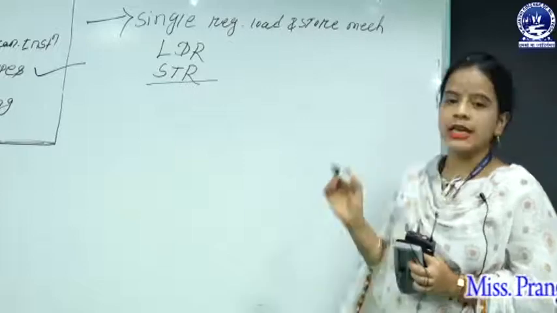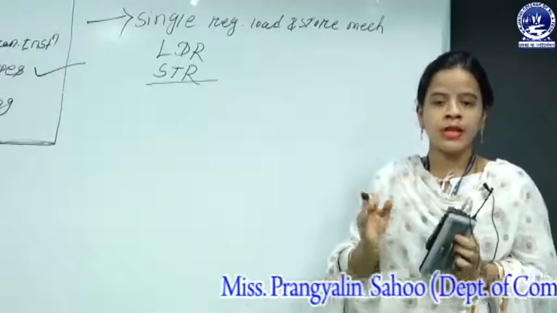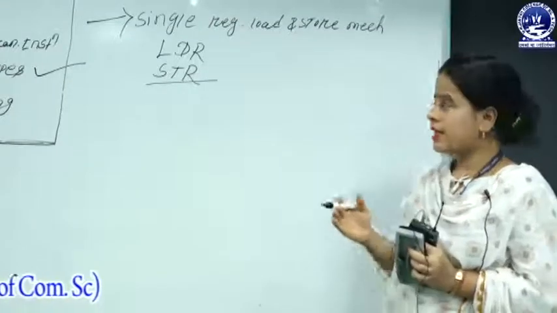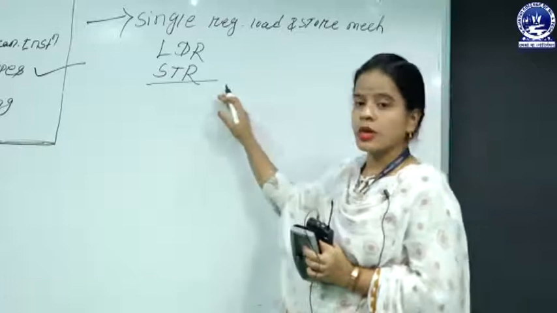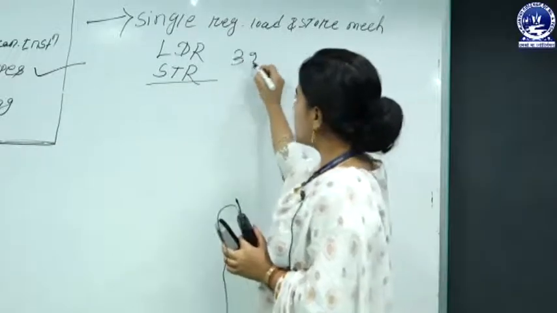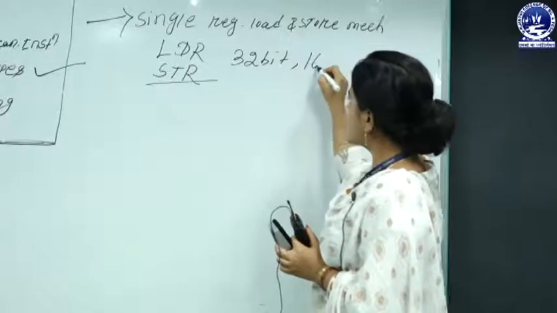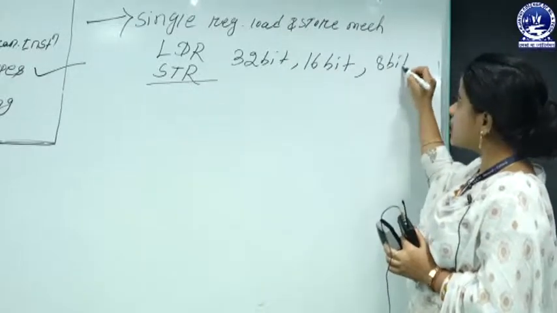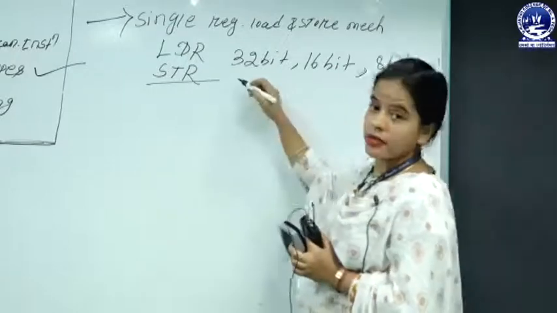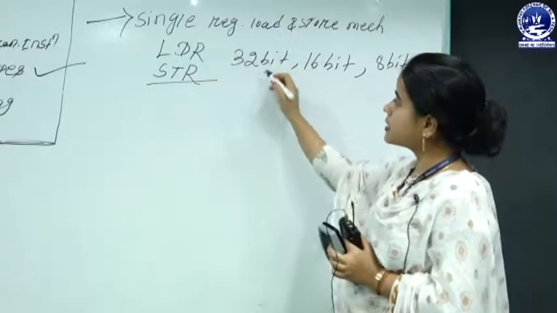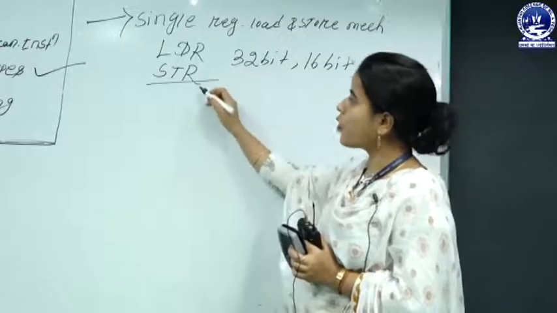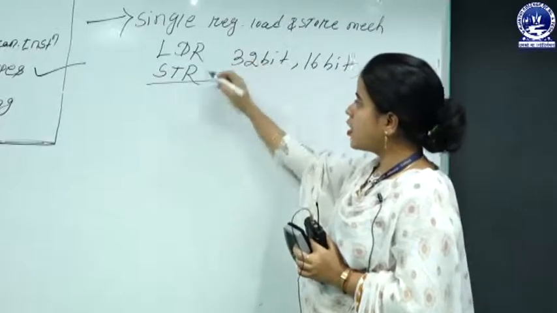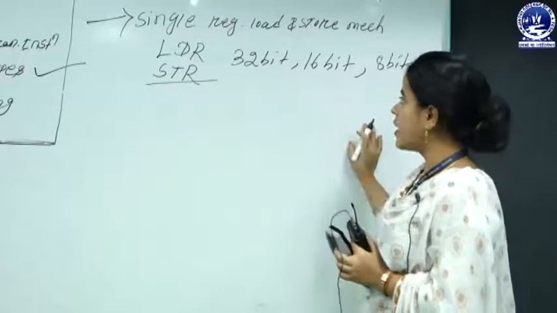But as we know, in ARM data transfer instructions, every instruction size is by default 32 bit, or word format. That means the data is also inserted in 32 bit format, or it may be 16 bit format, that's half word, or 8 bit format, that's byte. Whenever we insert data in 32 bit format, we write the opcodes LDR for data loading and STR for data storing.